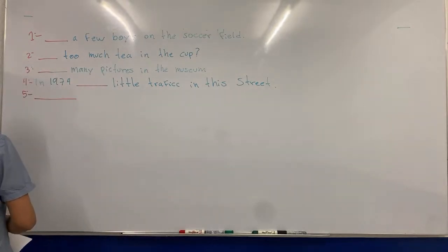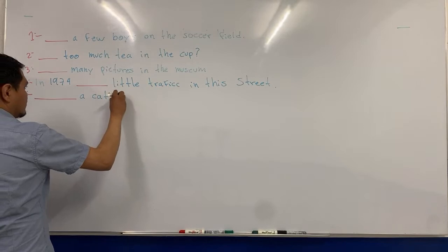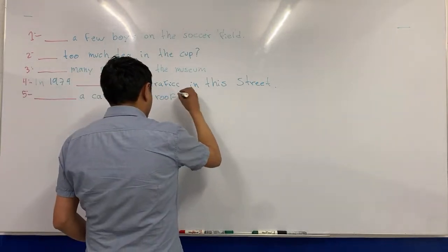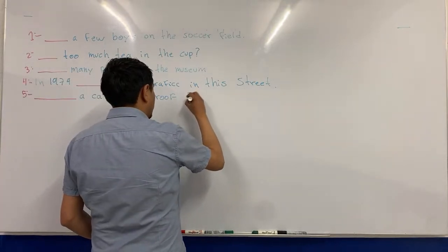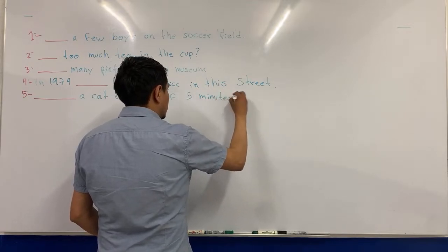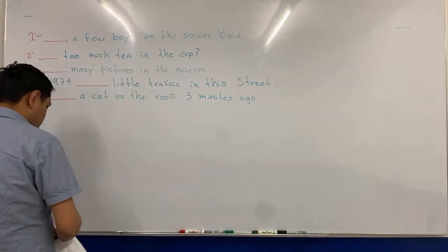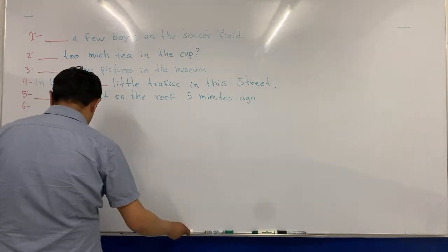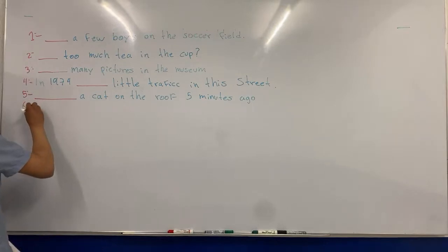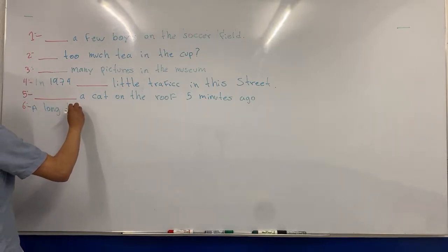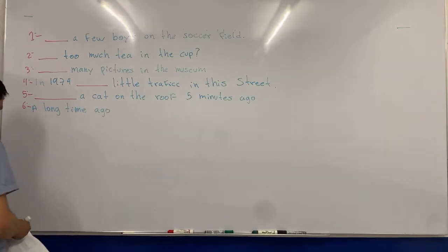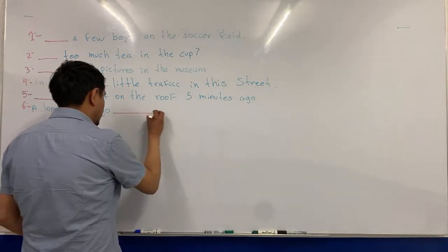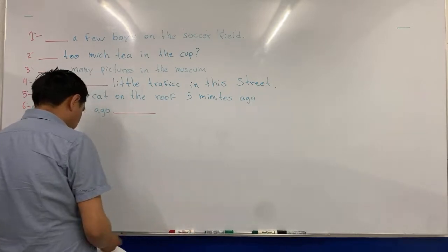A cat on the roof, five minutes ago. Exercise number 6: a long time ago, blank many rooms in this house.